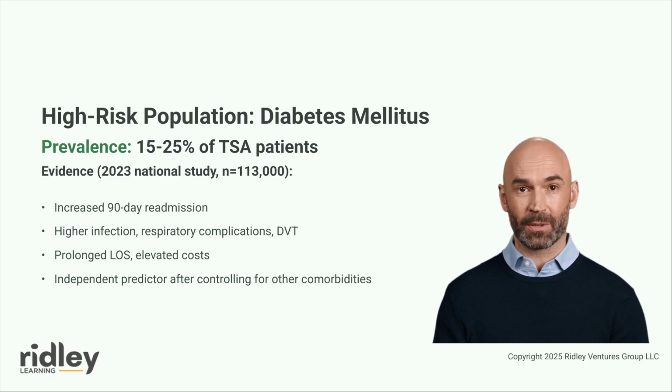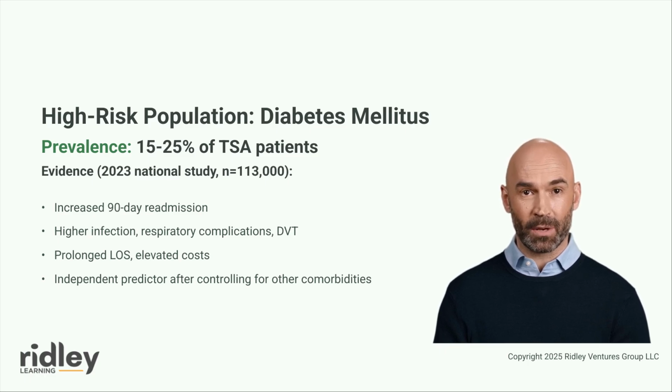Diabetes mellitus affects approximately 15 to 25% of patients undergoing shoulder arthroplasty, and substantial evidence published between 2022 and 2025 demonstrates that diabetic patients face increased risks for perioperative complications, prolonged hospital stays, non-homebound discharge, and elevated healthcare costs compared to non-diabetic patients.